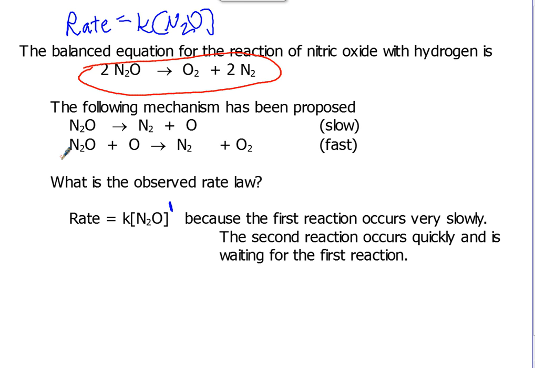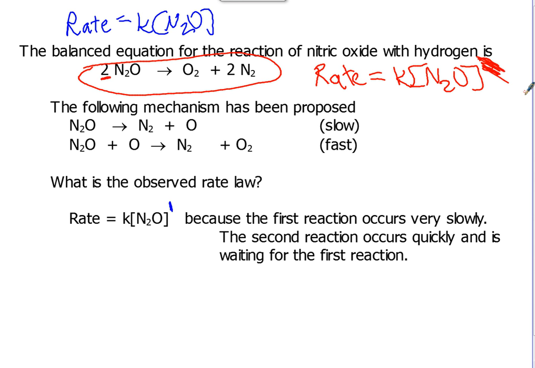The 2 implies this would be squared, but then they did the reaction and it wasn't squared. It was to the first order. And so they're like, well, scrap that squared stuff. Where's the first order? Well, maybe it occurs in 2 steps.